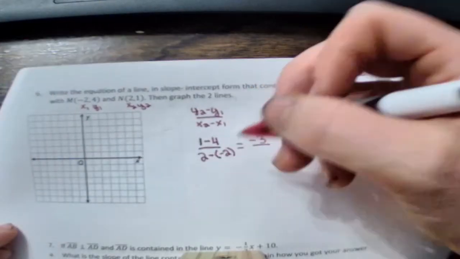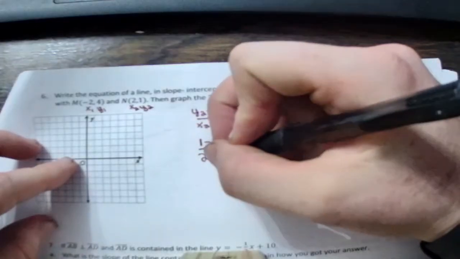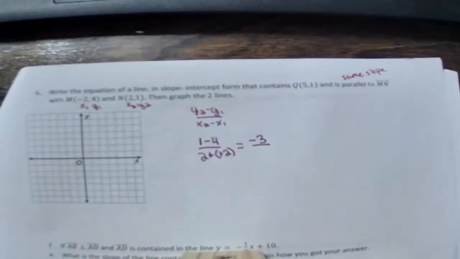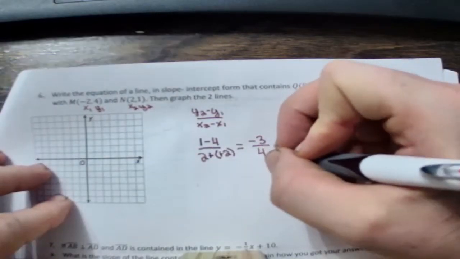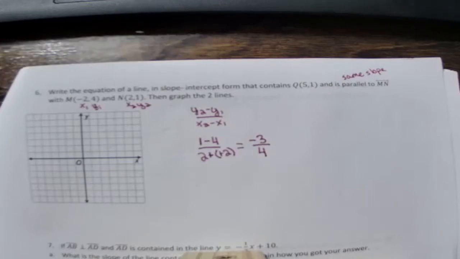And when it says minus a negative, what happens is we would then want to change the signs. So this would actually be 2 plus 2, which is 4. So the slope of this line is negative 3 over 4.